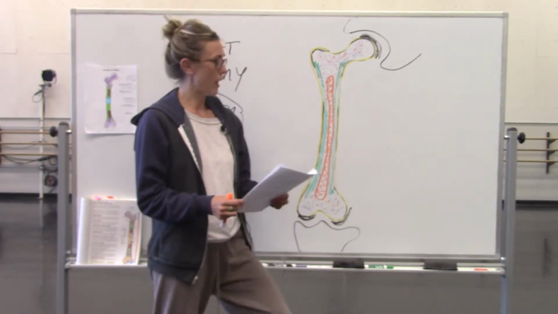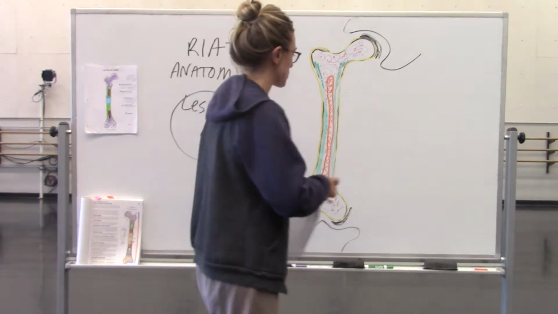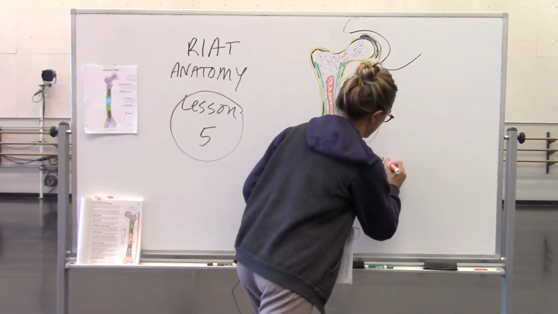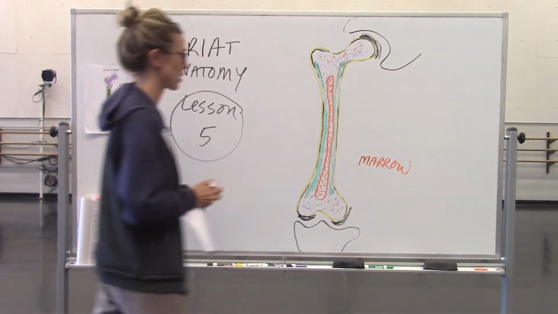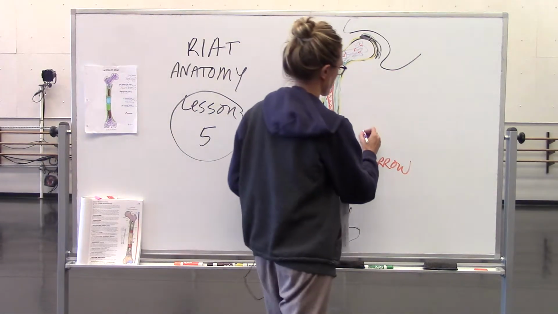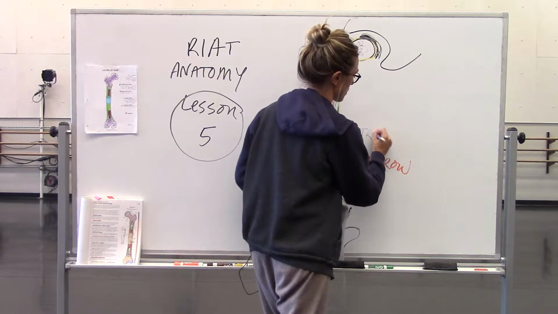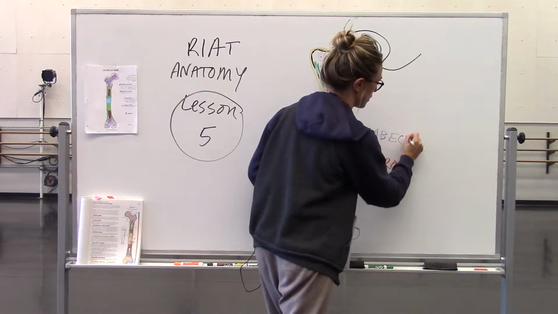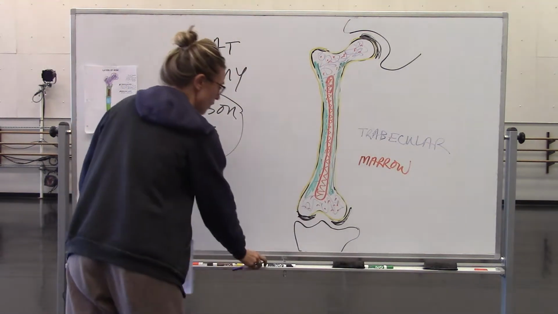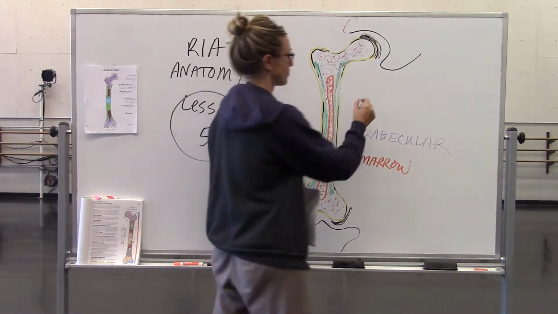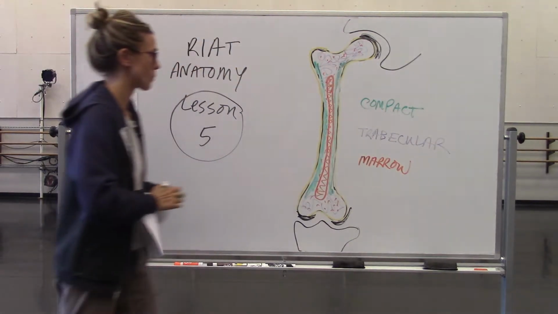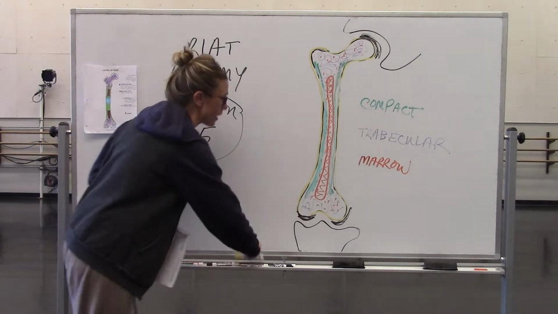The other thing I thought was cool was this. Let me write these. This is the marrow, going from the inside out: trabecular, compact, and the periosteum.